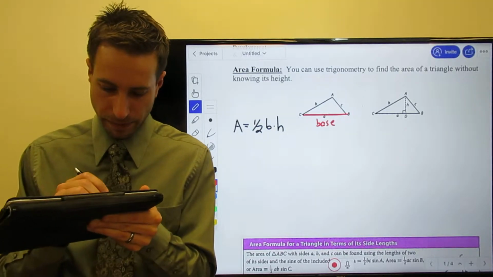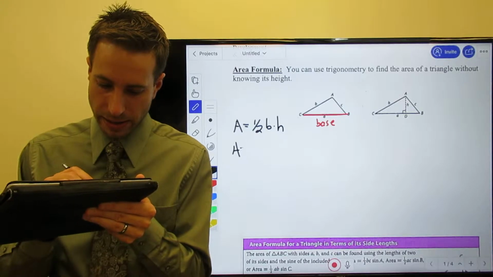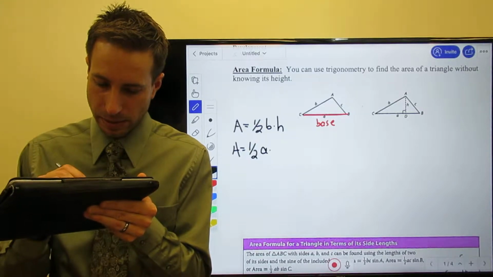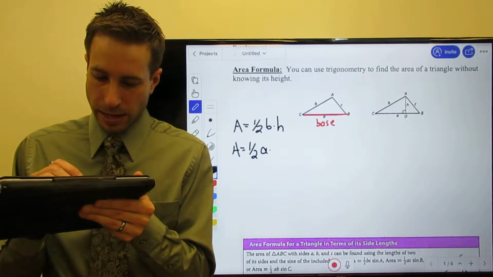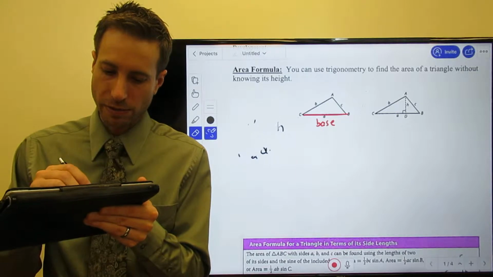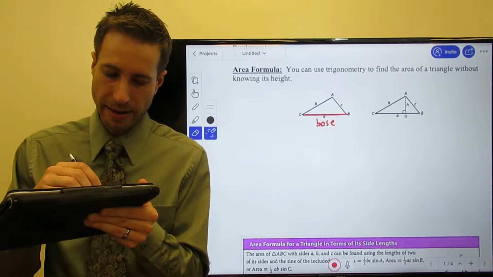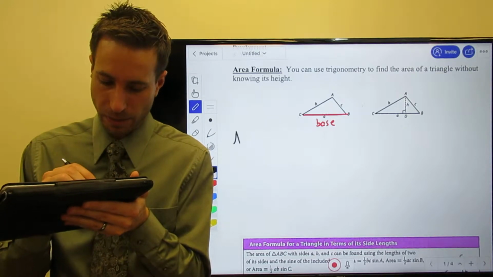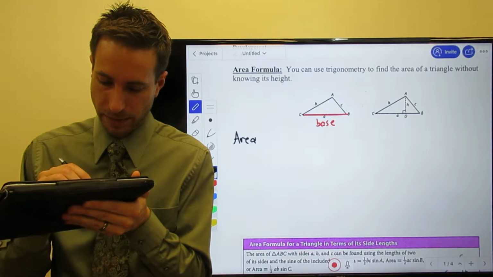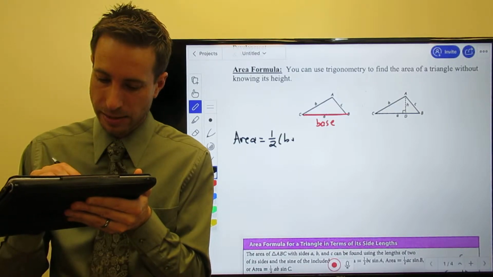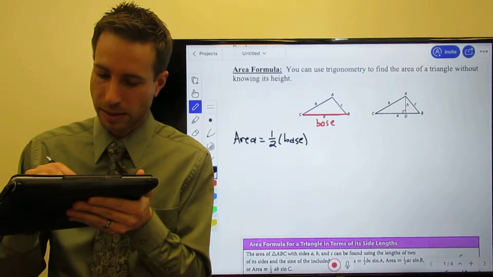In this diagram, this guy right here is the base. So I will have area is equal to 1/2 A times the height. Actually here, you know what? It looks confusing because I'm switching variables, and that triangle has a B in it as well. It'll be much better if I write it like this. So the area is equal to 1/2 the base times the height.